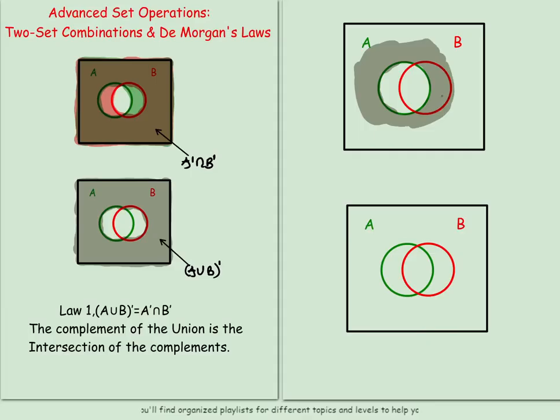Now for my B prime as well, if B is the red circle, then it means this side will also include my B prime. So I'll shade that as well. So this simply means that the only unshaded region is going to be the intersection.